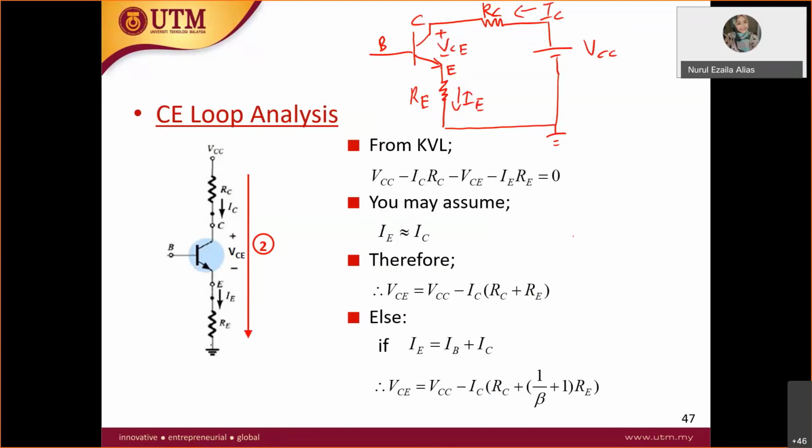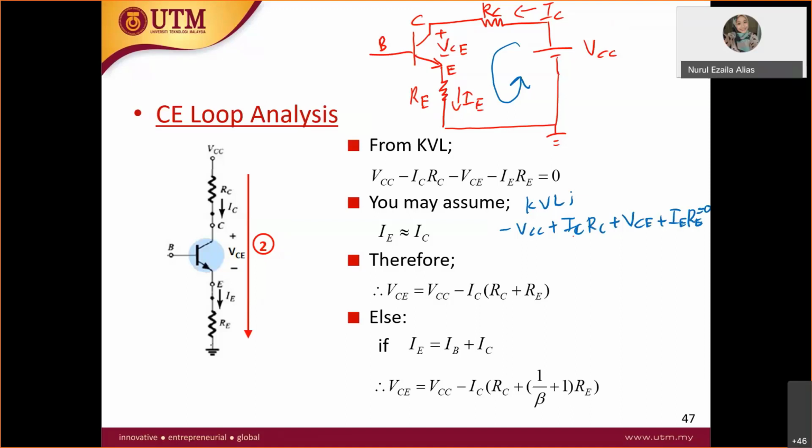Quite long, but practice makes perfect, right? So apply KVL. The KVL would be negative VCC plus IC RC plus VCE plus IE RE equal to 0.